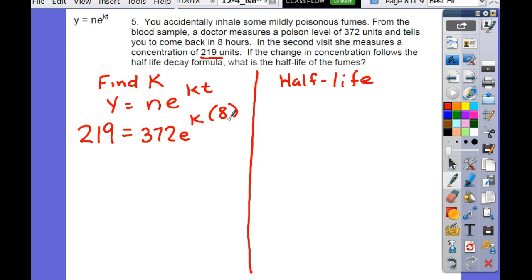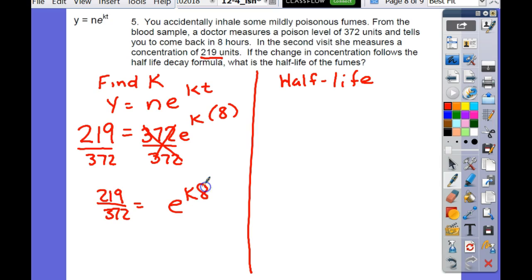What do you do first to solve this kind of equation? You divide by the 372. When you divide by the 372, unlike our previous problems, this doesn't come out to be any kind of pretty number, so you just leave it like that. And then what is going to be the next step? So we're going to leave this like this, and this is e to the k8.